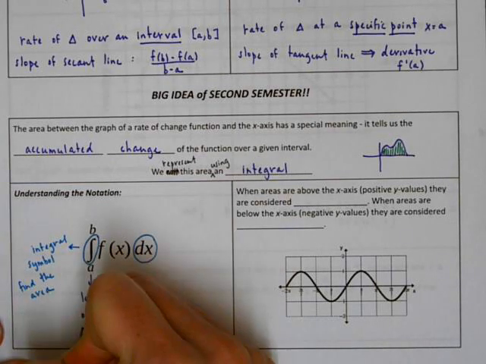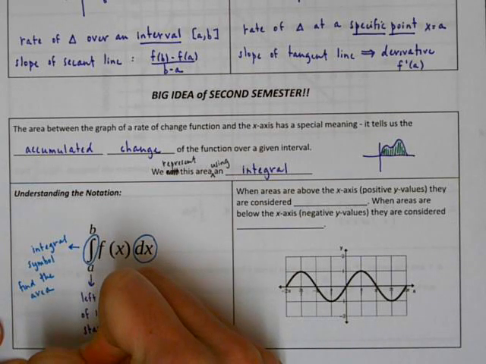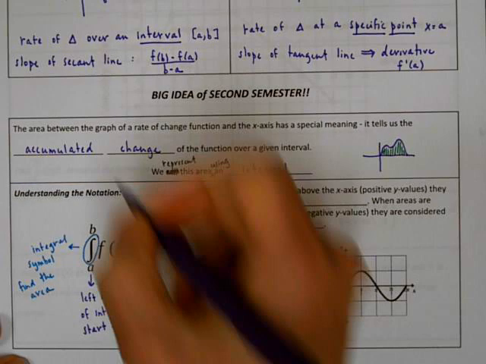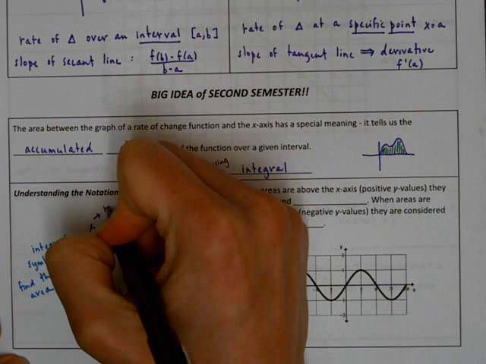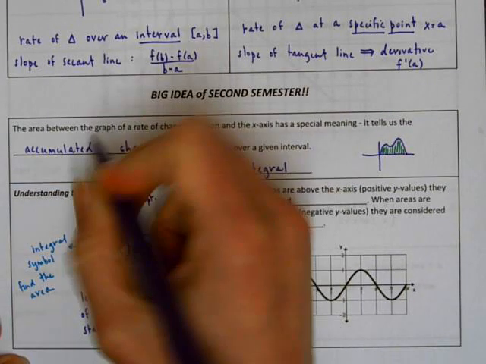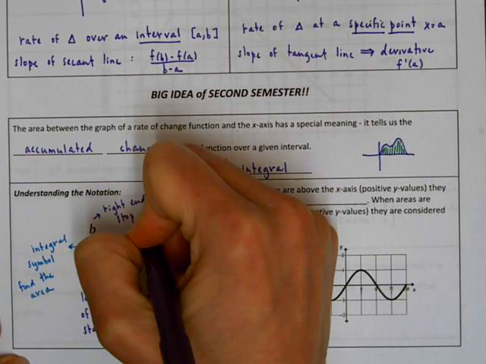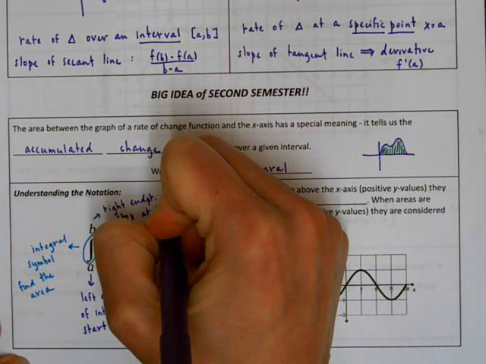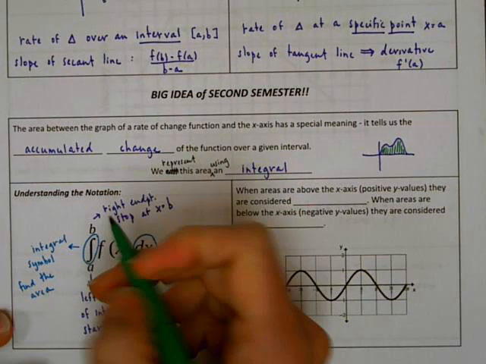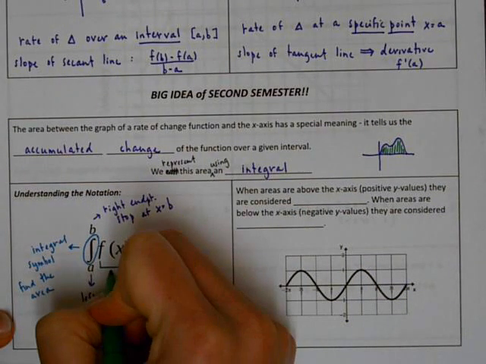It tells me I'm going to start finding the area at x equals a. B then is the right endpoint, and it's going to tell me to stop at x equals b. And then f of x is just my given function.